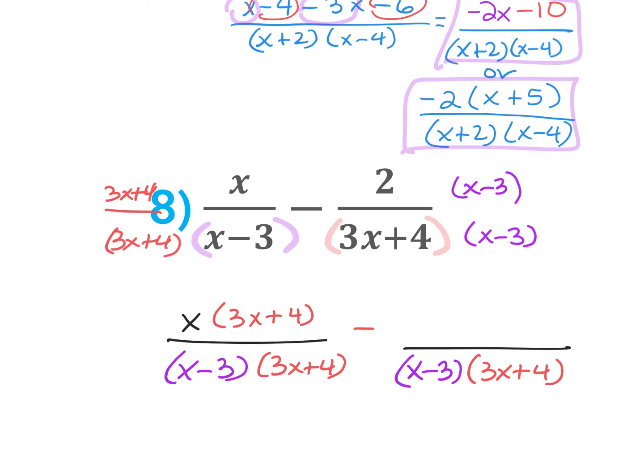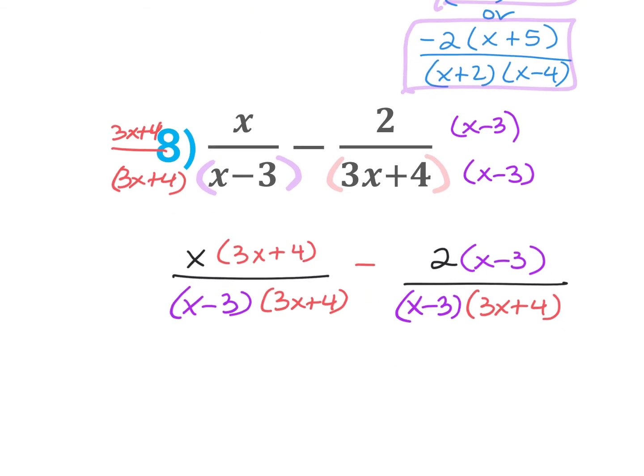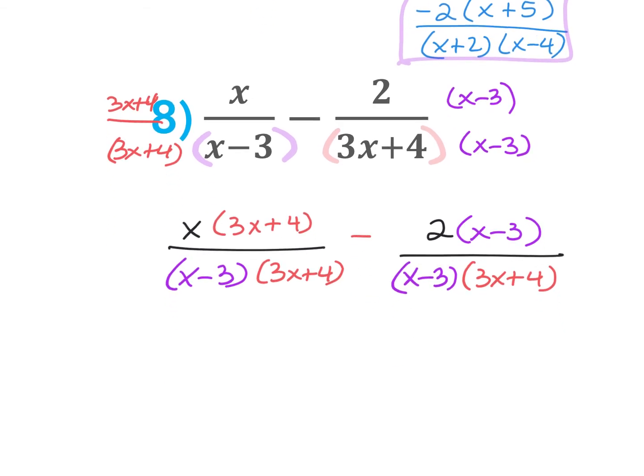So 2 times x minus 3. Now, I have to distribute the numerator. The denominator I'm leaving. So for the numerator, it's going to become 3x squared plus 4x. And now, again, think of this as a -2 that you're going to distribute. -2x plus 6.